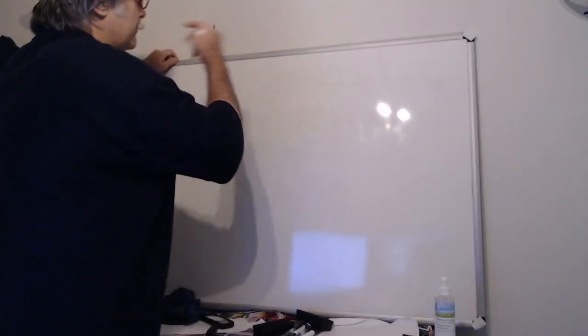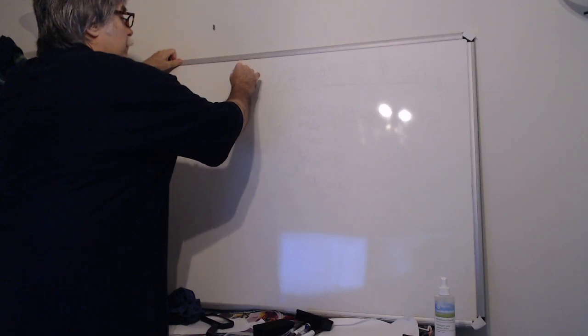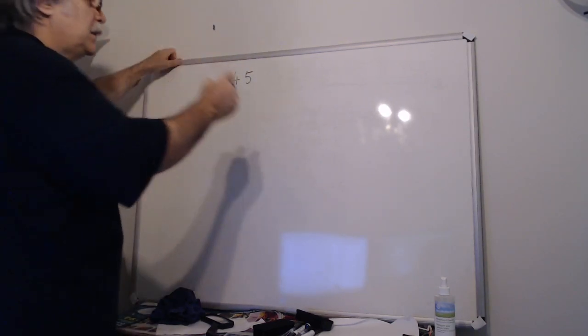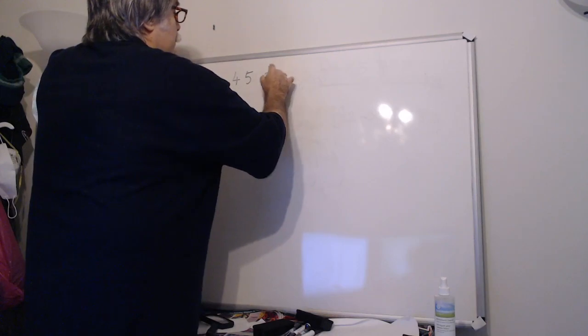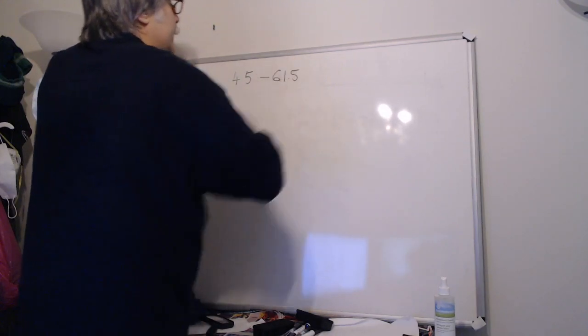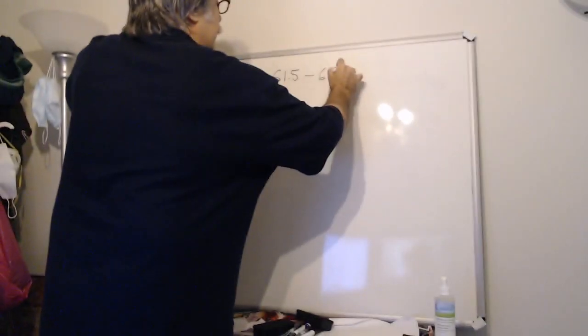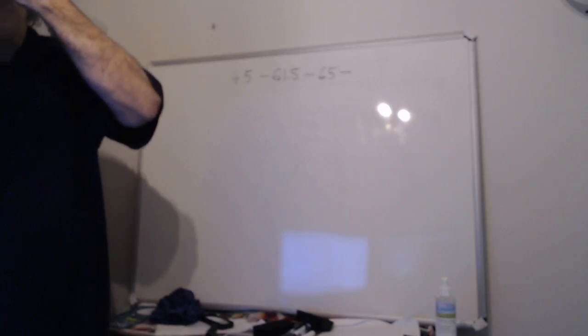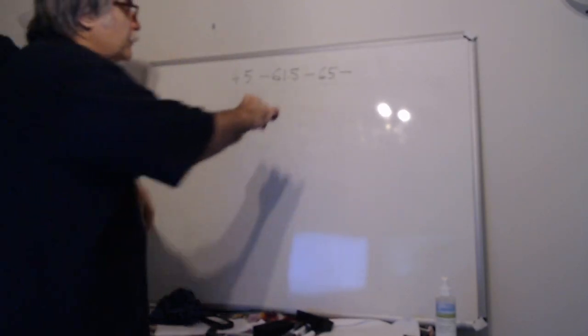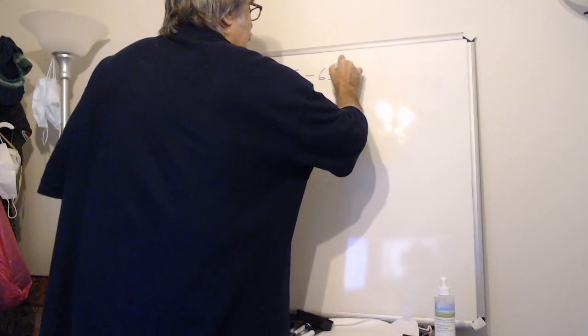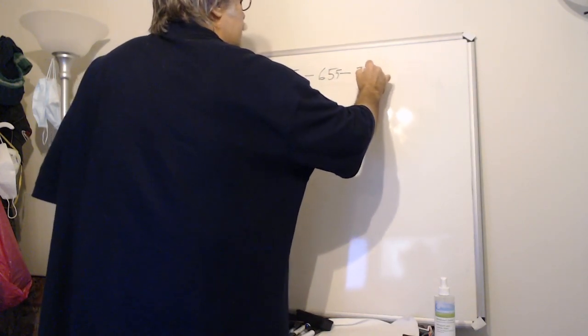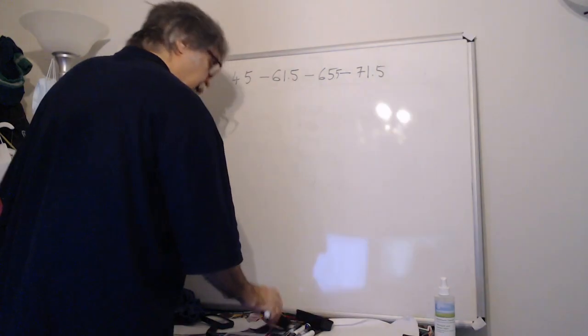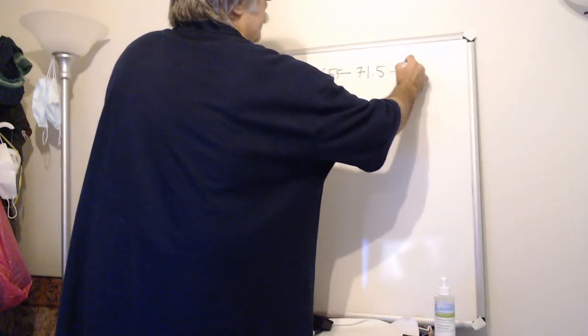Okay, so I have here, as I said, the height of the students in inches. I had the minimum, which was 45. I had the quartile 1, which was 61.5. I had the median, and that was 65.5, and I had quartile 3, 71.5, and the maximum was 85.